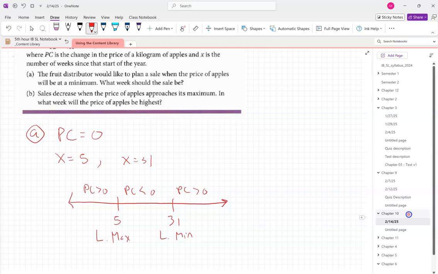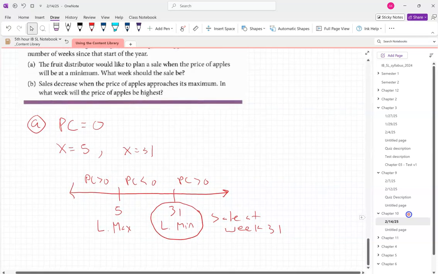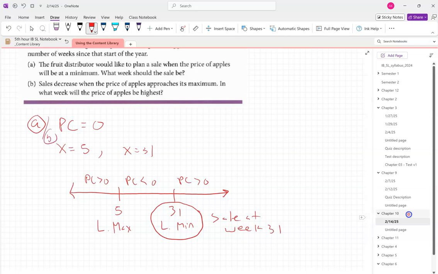So the sale wants to be where the price is at the minimum. So this should be my sale. We're at week 31. And then it says sales decrease when the price of Apple approaches its maximum.